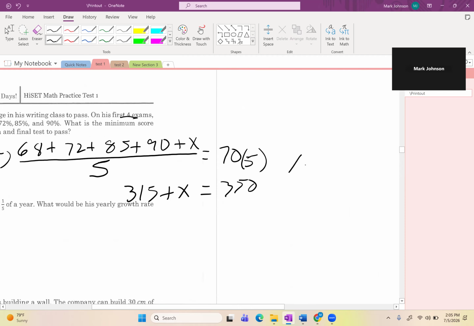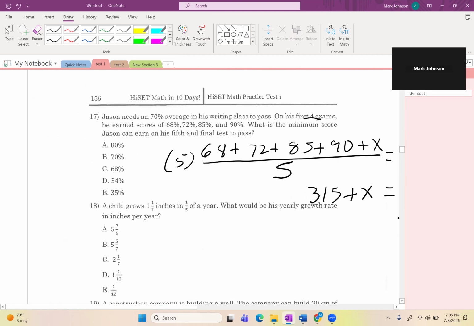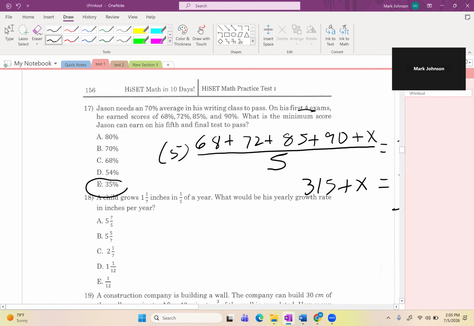So X is equal to 350 minus 315, which is 35. So he has to get a 35 on the test.